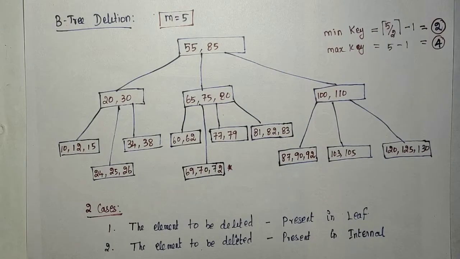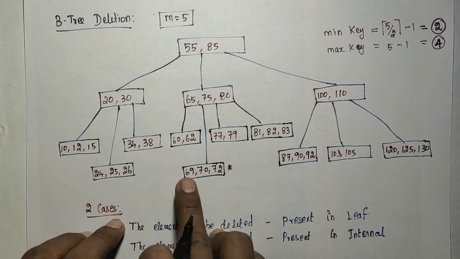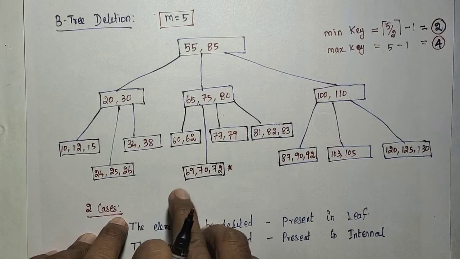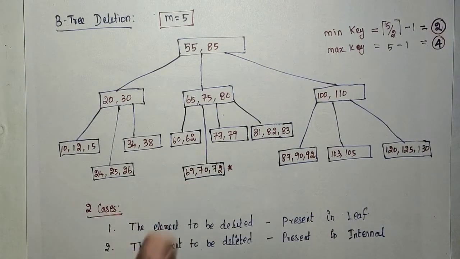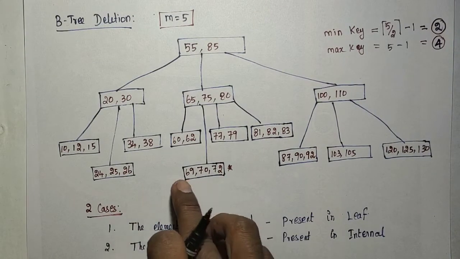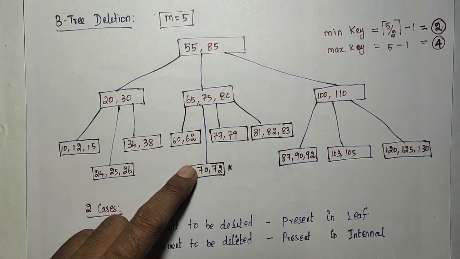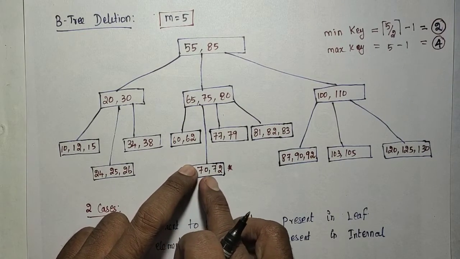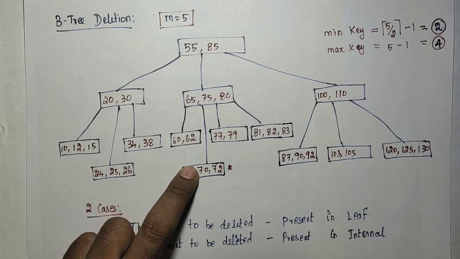If it contains less than the minimum number of elements, that is less than or equal to 2 elements, in that case we need to think differently. In this case, if we delete that, it will not violate the rules. So simply we can remove 69 from this node and we will get only 70 and 72.